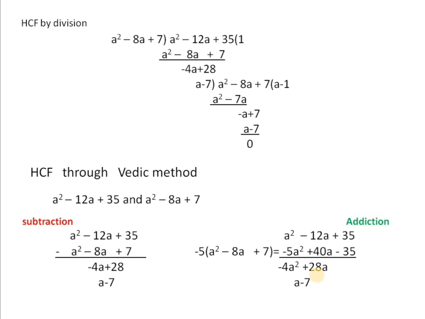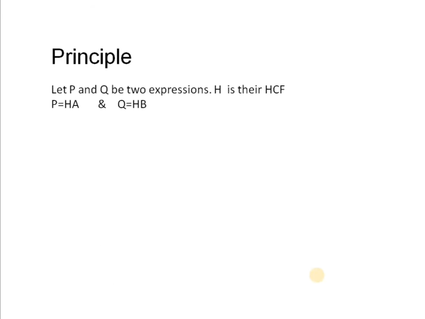This is a method you'll get through Vedic mathematics only. And you can easily get the polynomial highest common factor without any complications. And now let us see what its exact principle is. So if you take two expressions, P and Q are expressions of polynomials and H is their HCF.